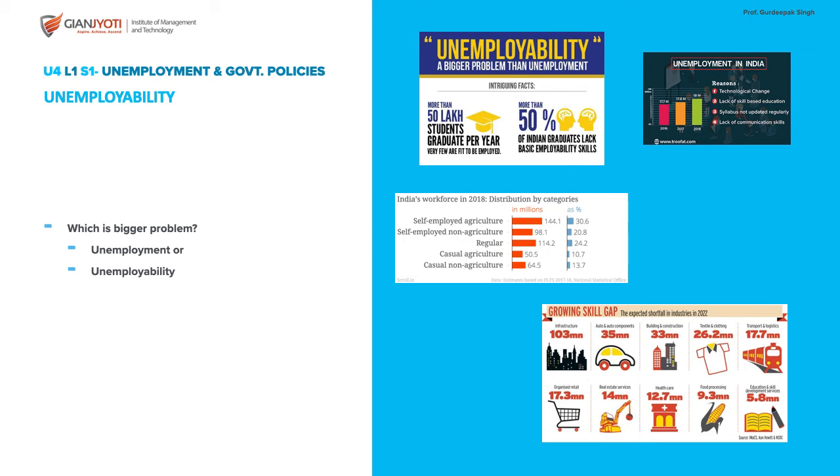Textile and clothing, 26.2. Transport and logistics, 17.7. Retail, 17.3. Real estate, 14 million. Healthcare, 12.7 million. Food processing, 9.3 million. Education and skill development services, 5.8 million. This is as per NSDC, the National Skill Development Corporation.